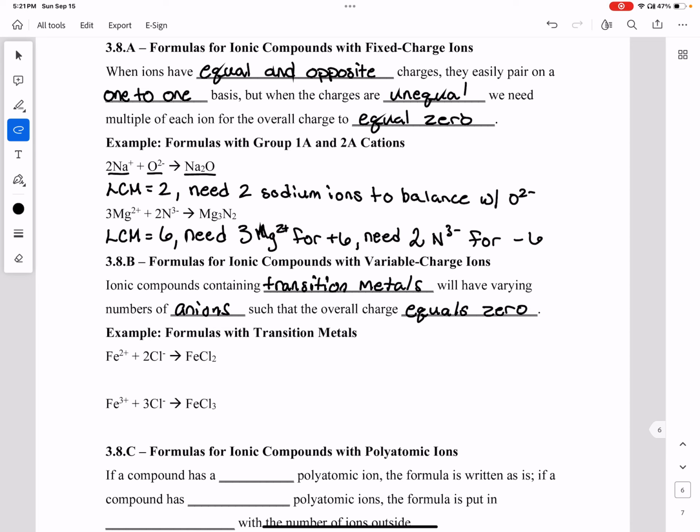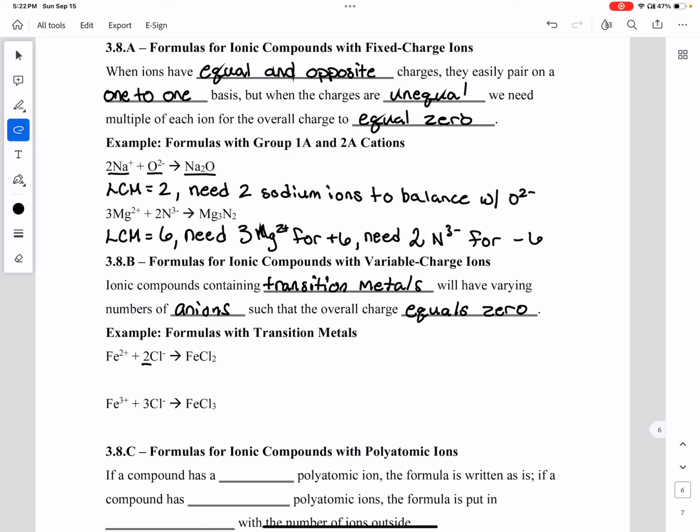For example, I have iron 2 and 2 chloride ions. I have this 2 out front to make sure I'm saying that there are 2 individual chloride ions with a single charge. I don't have 2 chlorine atoms bonded together with a 2 minus charge. Not at all.